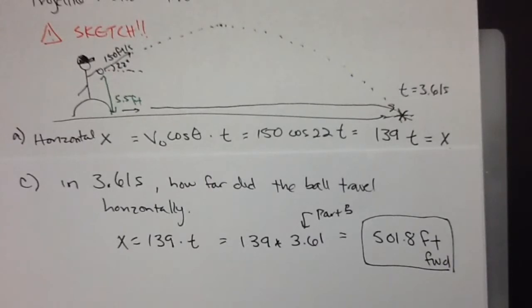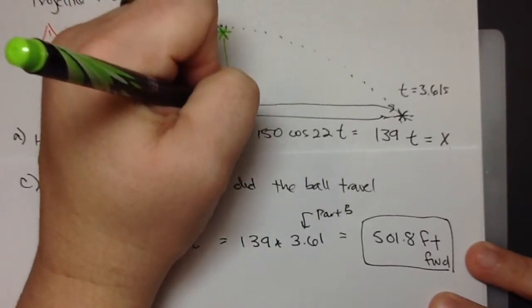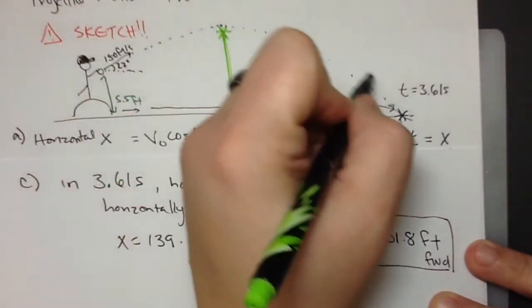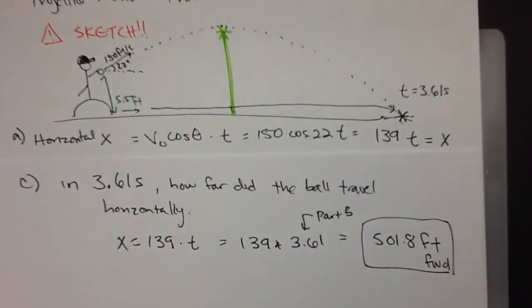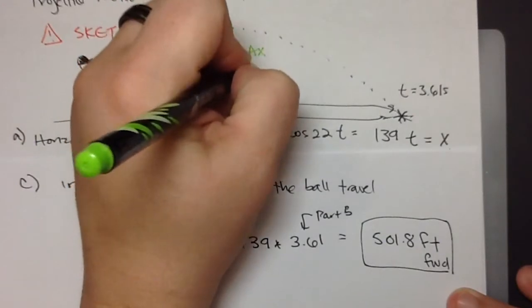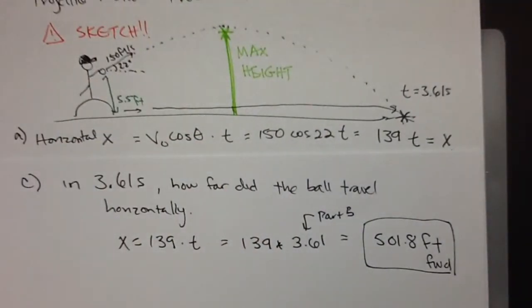In part D, they ask, find the maximum height. The maximum height occurs right here, and if you look carefully, you can see that this is the vertex of the y parabola. So this is your max height, and it occurs in y.